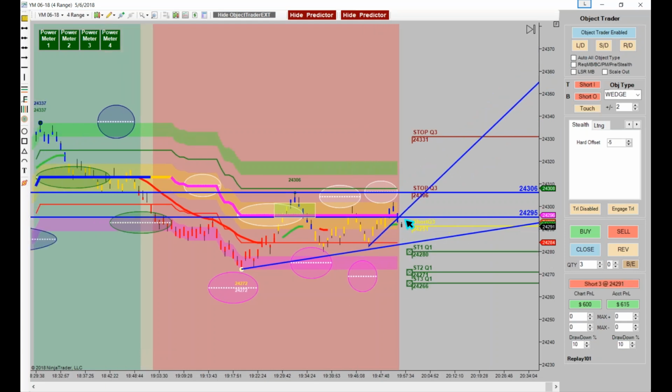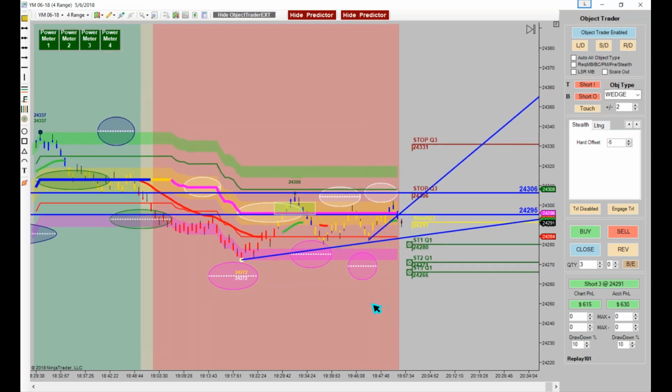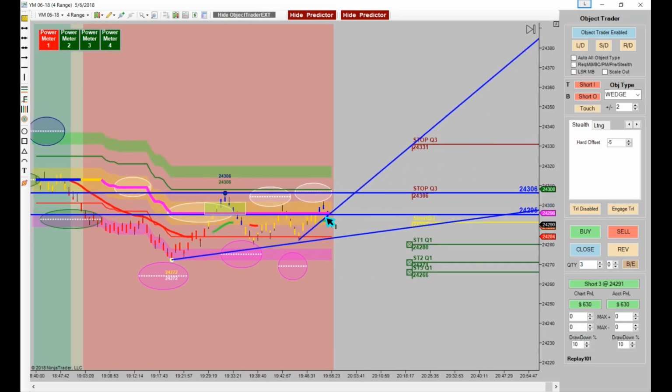And I just got it on that one instead. See there? When you do a wedge like this, keep in mind that this wedge would also add, for instance, if this breaks this right here, this would go ahead and add contracts to me.